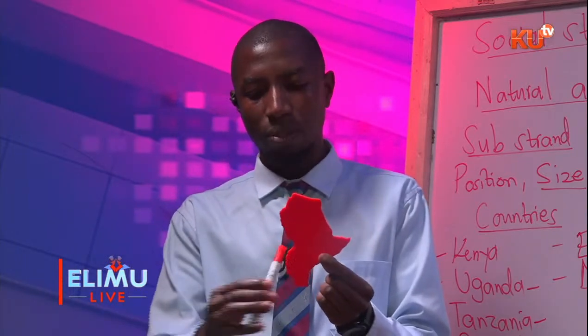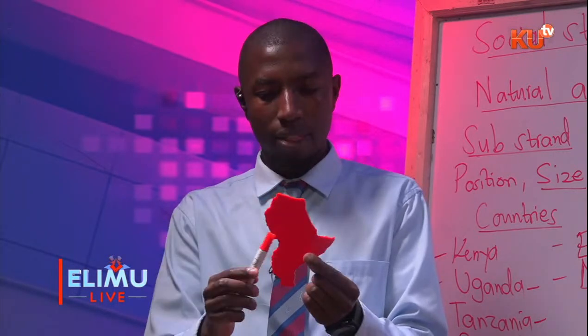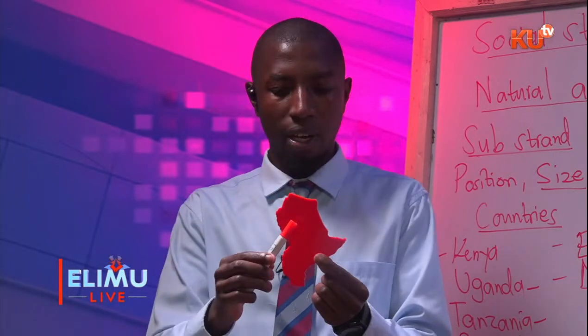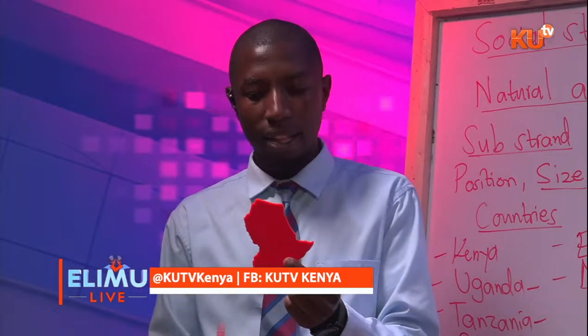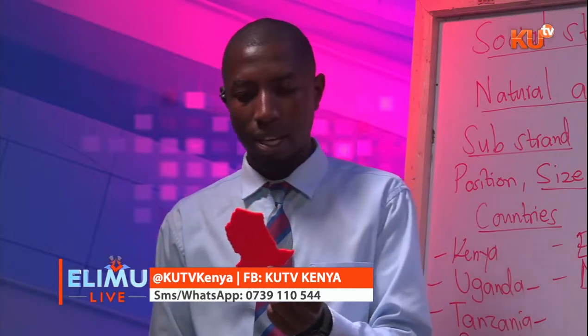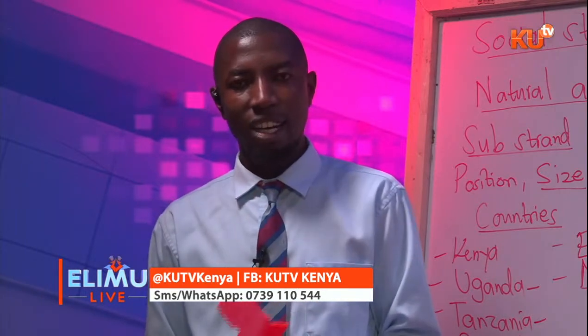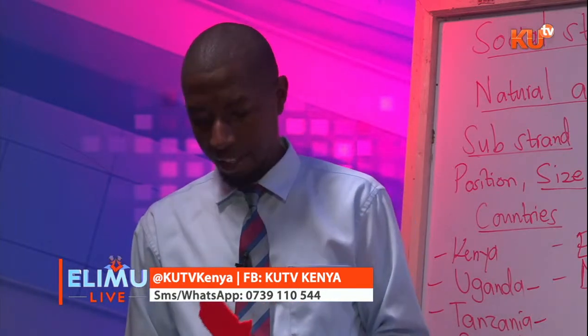We have Uganda to this side. Then we have Ethiopia here. But on top of Ethiopia, there is Eritrea and Djibouti, which is the smallest country in Eastern Africa.